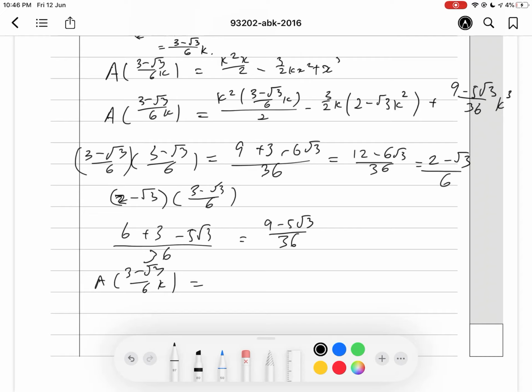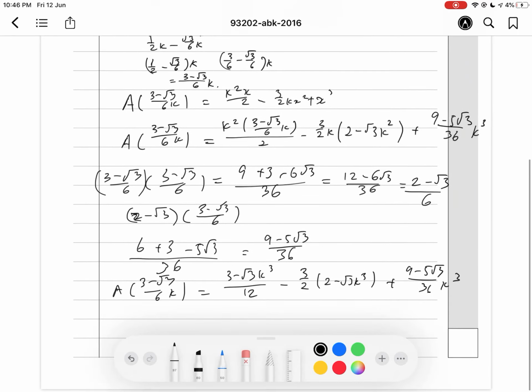So this is 3 minus root 3 k cubed divided by 12, minus 3 over 2 times 2 minus root 3 k cubed, plus 9 minus 5 root 3 over 36 k cubed.